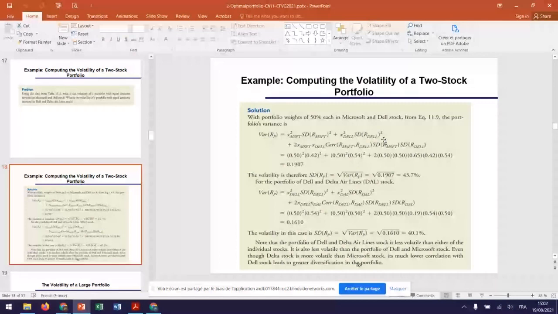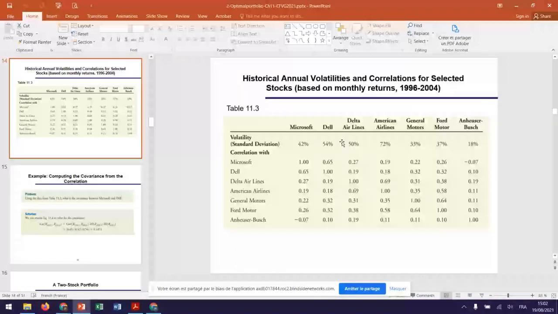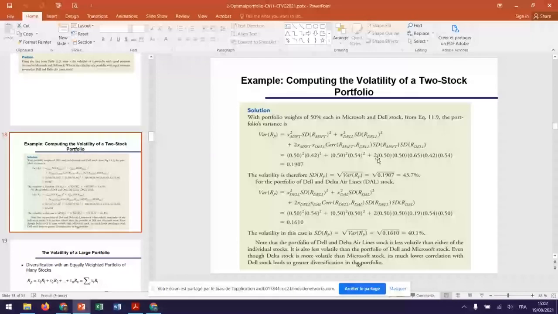Okay, nothing complicated. You can just apply 0.5, which is the x1. The standard deviation of Microsoft is 42%. It comes from this. And Dell, the standard deviation of volatility is 54%, plus 2x1x2 times the correlation of 0.65, right?